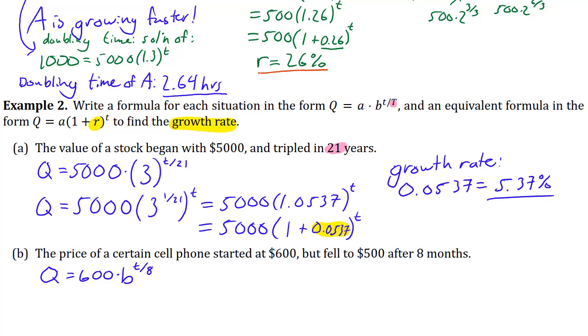Now, how can we figure out what that b is? Well, let's see. B is what you multiply by 600 to make it go down to 500. This is a tricky example. If this was to show up on a test, it would probably be extra credit.